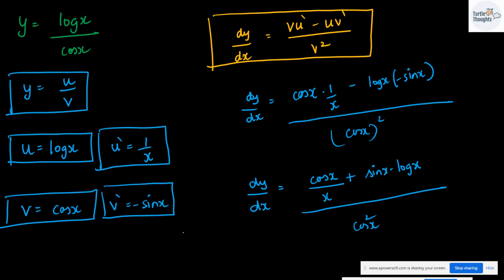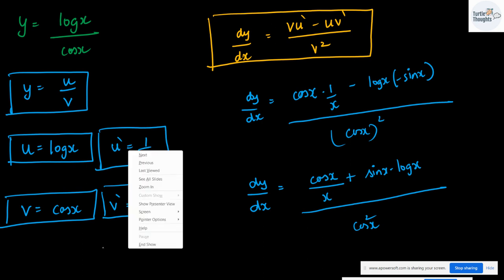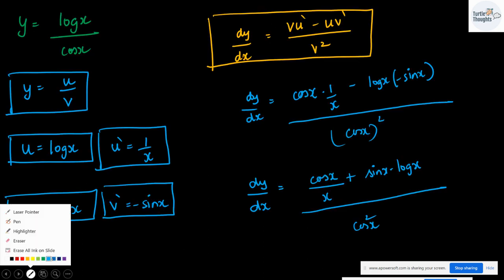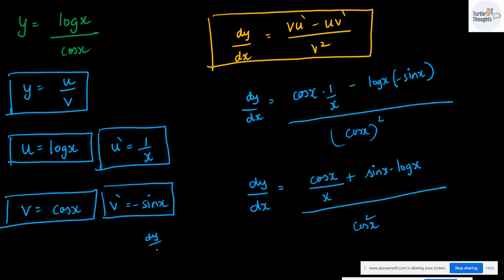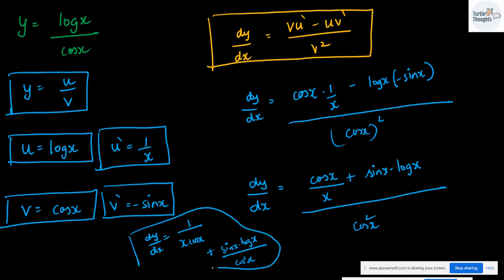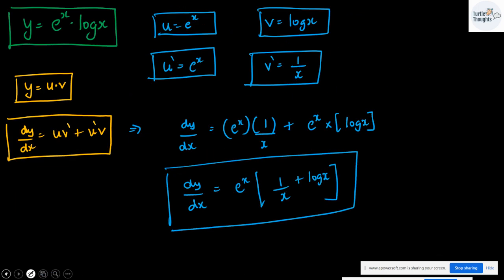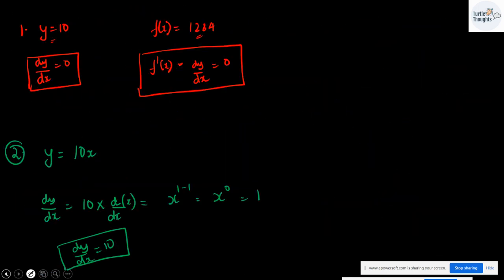Further, you can also simplify this as dy by dx equal to 1 divided by x cos x plus sin x multiplied by log x divided by cos square x. Even this way, you can simplify the answer. So this was your quotient rule.